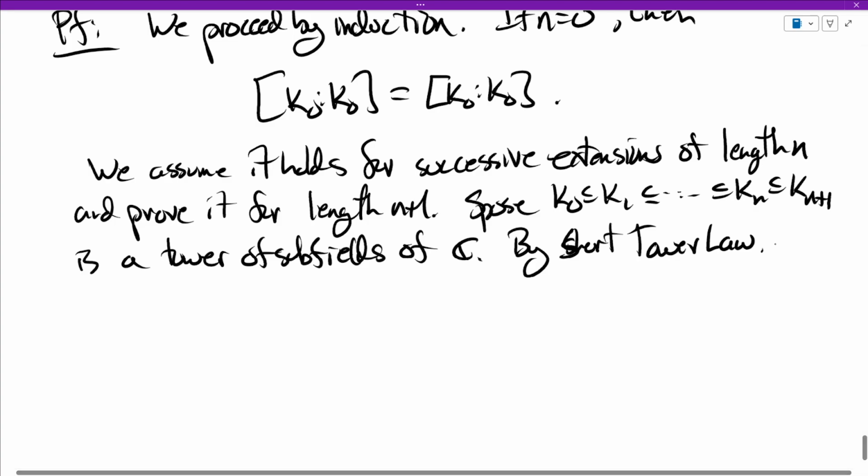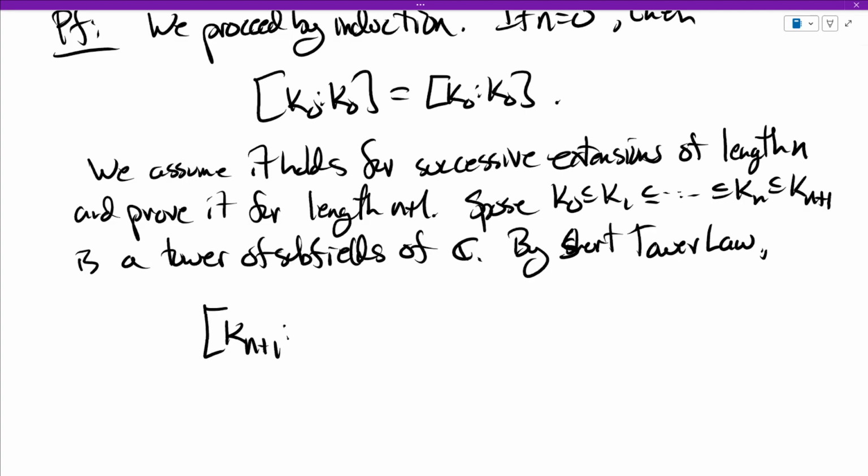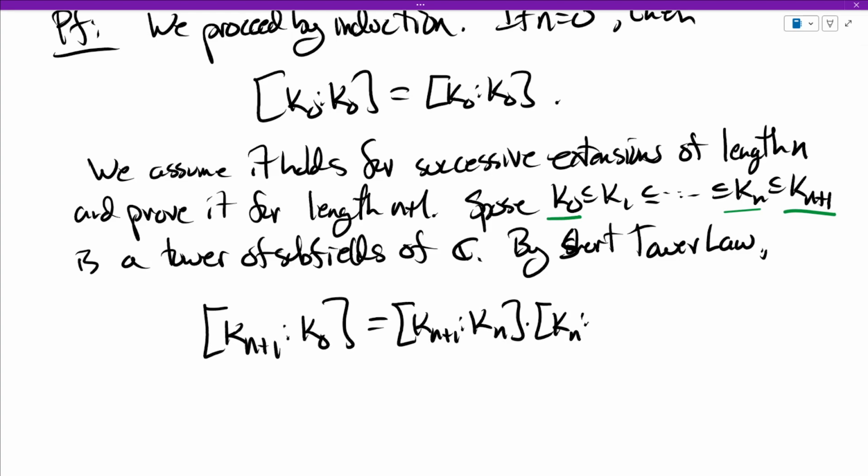I'm referencing the previous version that we proved. The degree of kn plus 1 over k0 is what? Well, I want to view k0 as a subset of kn as a subset of kn plus 1. So those are my 3 fields involved in the short tower law. So we're going to look at the degree of kn plus 1 over kn times the degree of kn over k0.